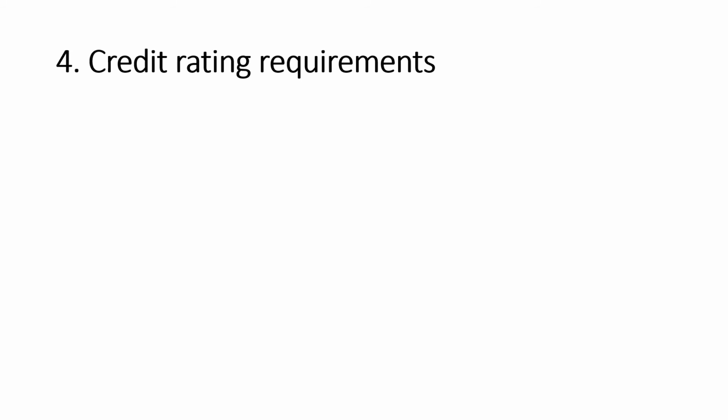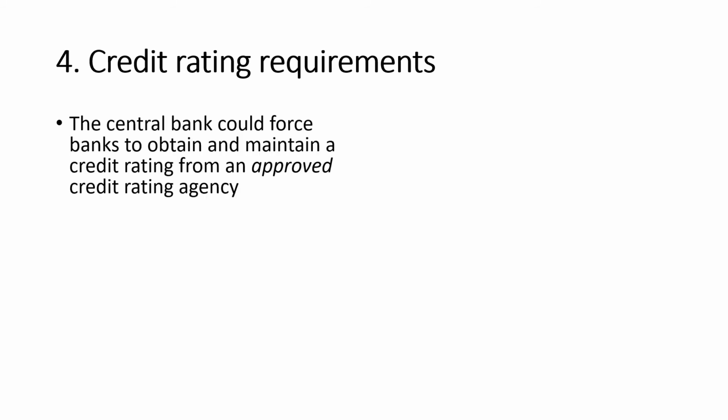You could also regulate to force banks to get credit ratings. A central bank could force banks to obtain and maintain a credit rating from an approved credit rating agency. The idea of a credit rating is that you're judging the solvency of an organization, the likelihood of its collapsing due to losses.